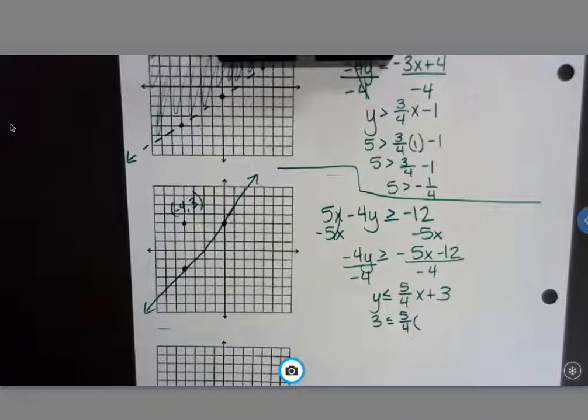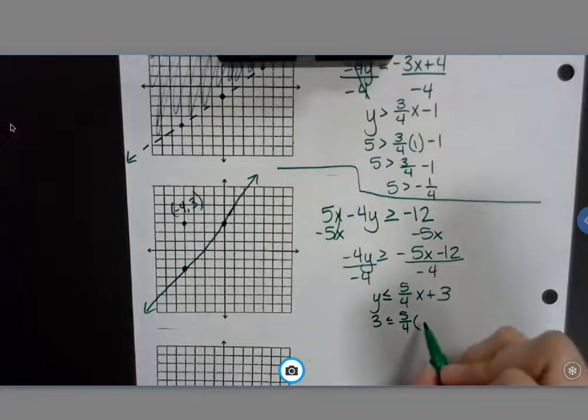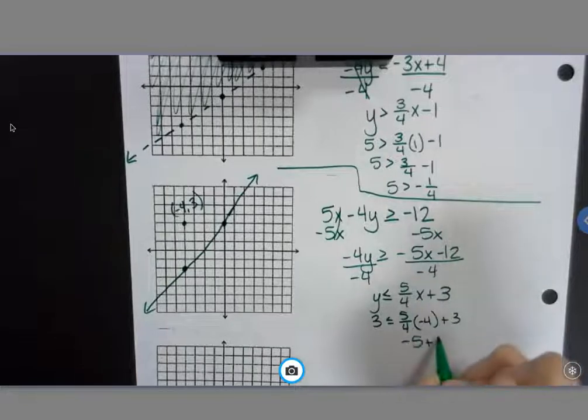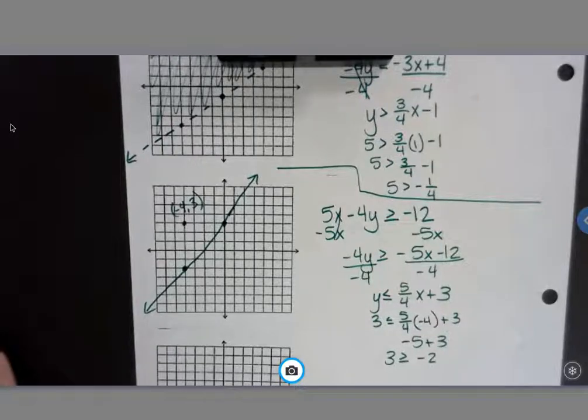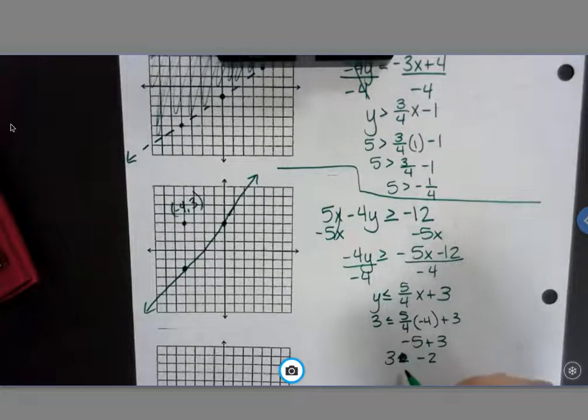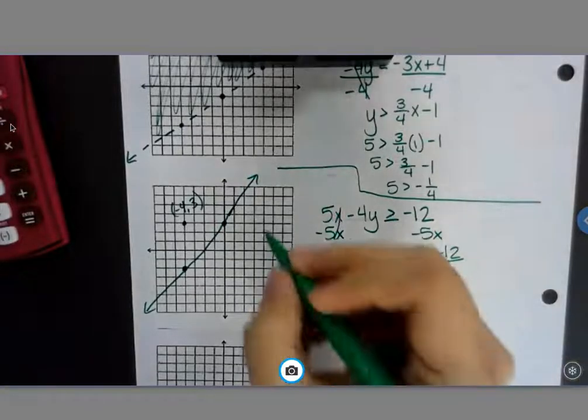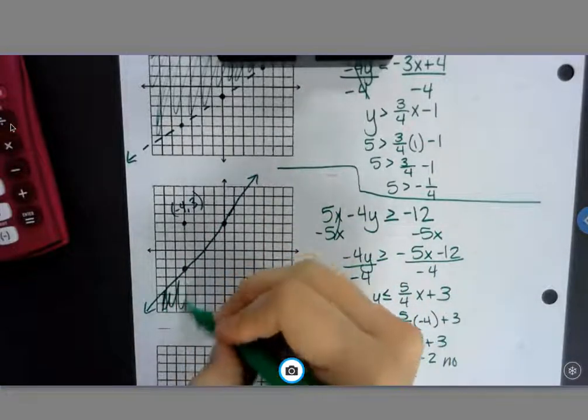I probably should have plugged it back into the original one, just in case my math was wrong, because even if my switching is wrong, I could still end up with the right answer, possibly. Three is greater than, oops, not greater than. 3 is less than or equal to negative 2, which is not true. So I need to shade on the opposite side.